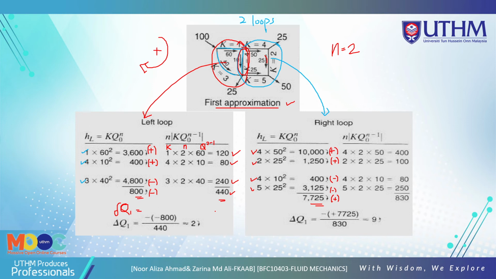So you get the value of 2. 2 is positive, so the direction is positive.